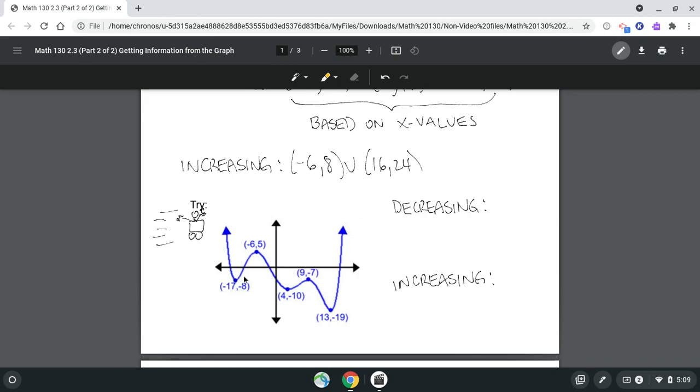So down, up, down, up, down, up. We start off down, so down from negative infinity to -17. And then up, and then down here, from here to here. So that's from -6 to 4.